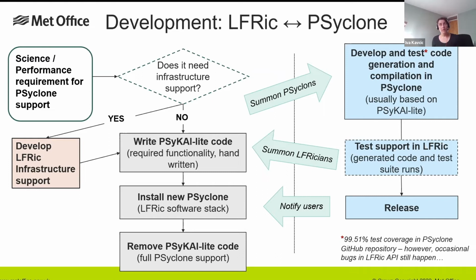In most of the cases, it needs the LFRic infrastructure support, so that is developed first. Then we write the PSyclone-lite code, which I mentioned as a template and as a development tool for the PSyclone developers to look at what they need to do. Then the relevant code is developed and tested in a PSyclone side. So we test the code generation and the compilation.